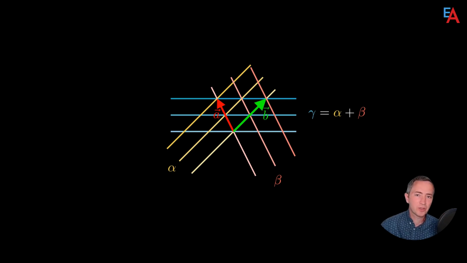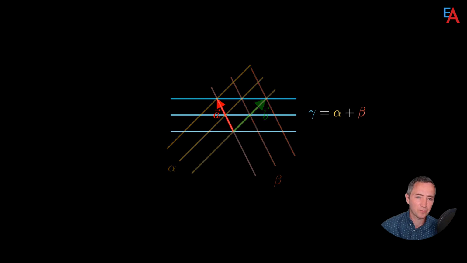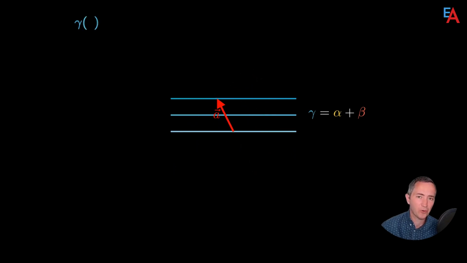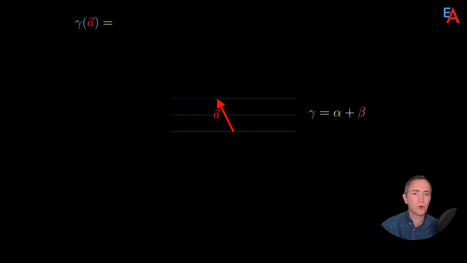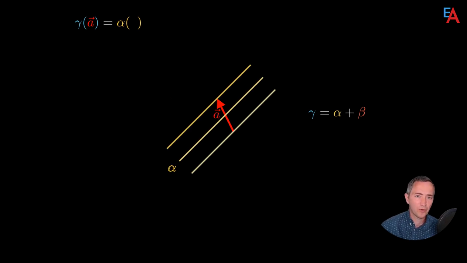But this construction is correct if the value of form gamma on any vector is the sum of values of form alpha and beta on that vector. Let's check it out. The value of form gamma on vector A is the sum of value of form alpha on that vector.